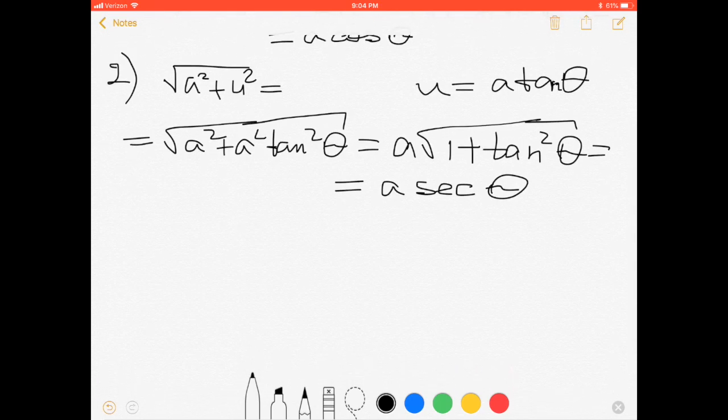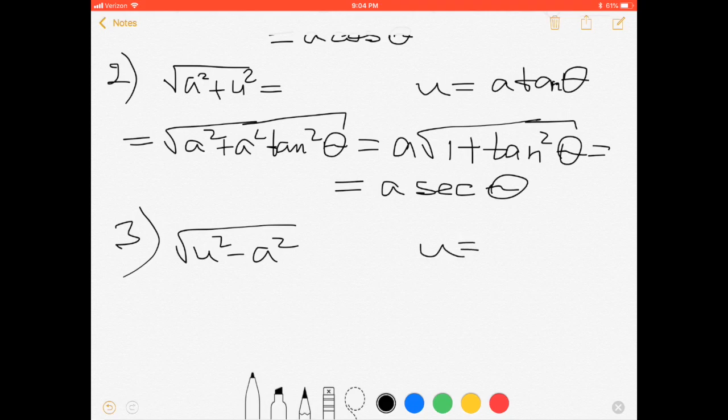And last situation, where you have square root of u square minus a square. Here we use substitution u equals a secant theta.